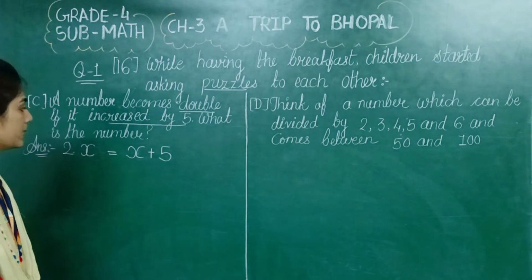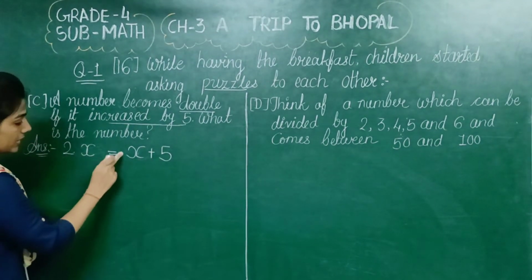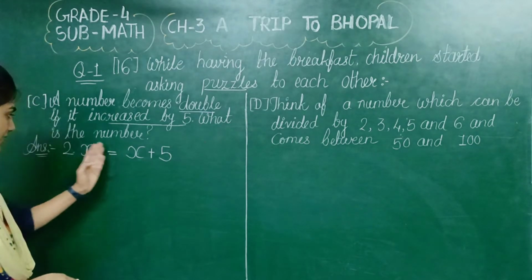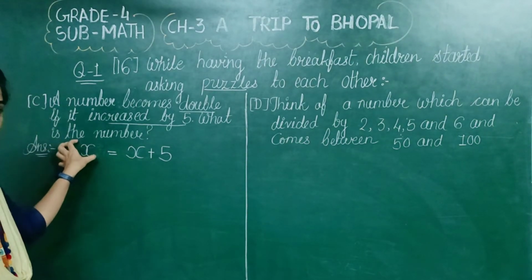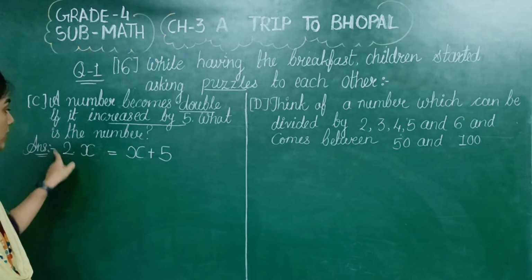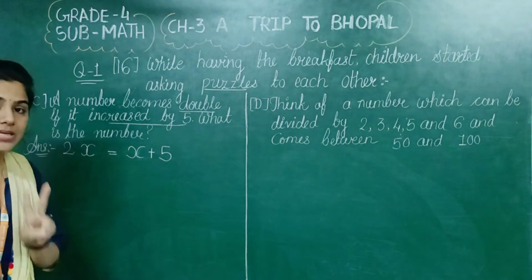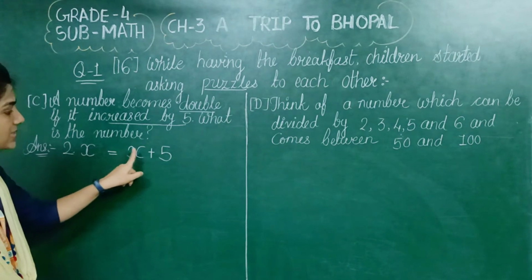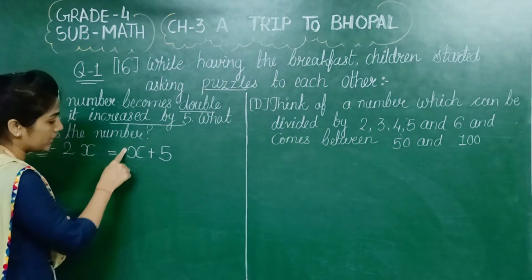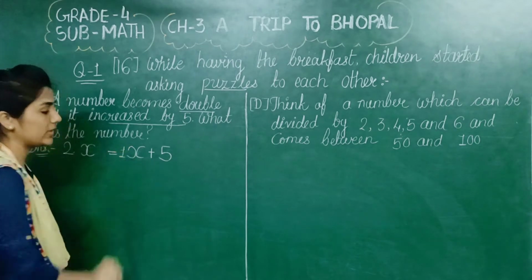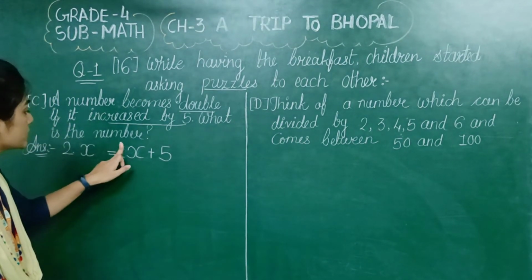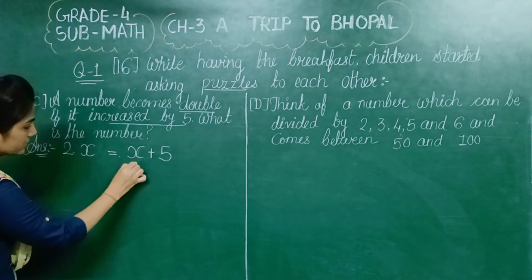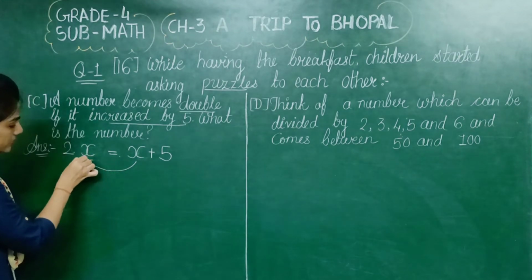So we can do a comparison here. See what is given? Equals to. So the left hand side is equals to, this is multiplication, but it is called 2x. 2x is there, and here 1x is there, 1x plus 5. There is no number before this, so we can write 1, right? So this x we are taking here.